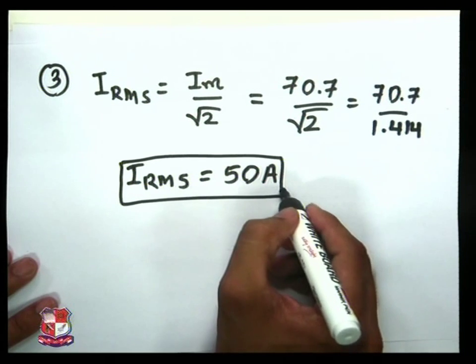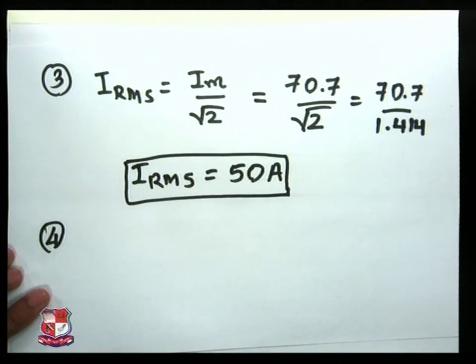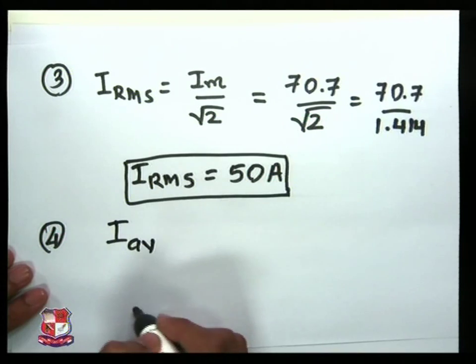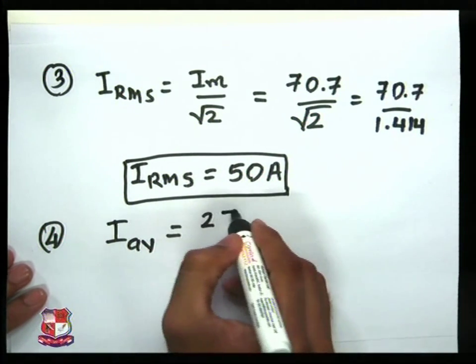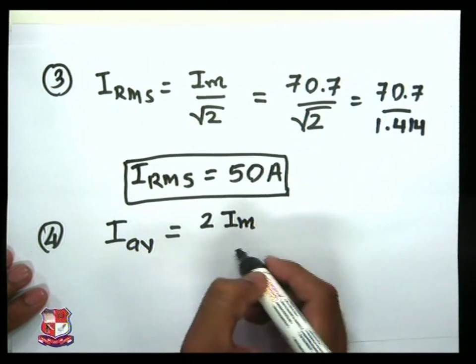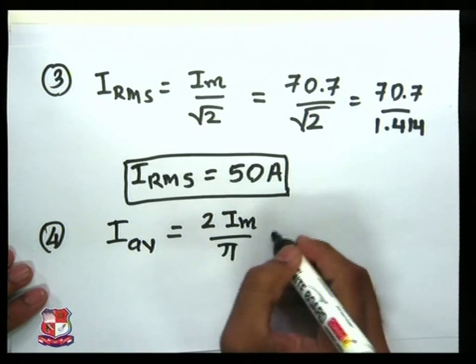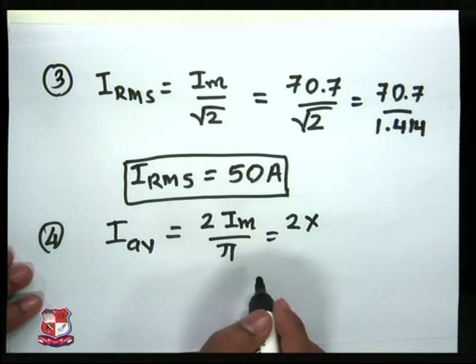So this is my third answer. Go for the fourth one, the average value. Now what is the average value? The average value is given by I average equal to 2Im upon pi. 2Im, where Im is the maximum current.